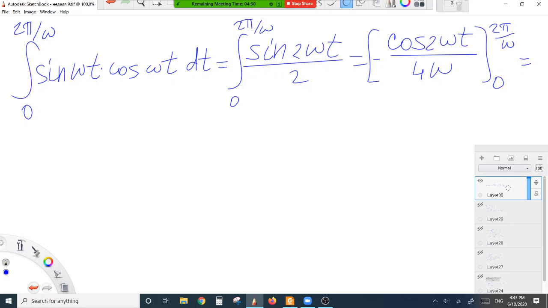If we put 2π over omega, omega simplifies, 2 simplifies, we get minus 1. If we put 0, we get 1.